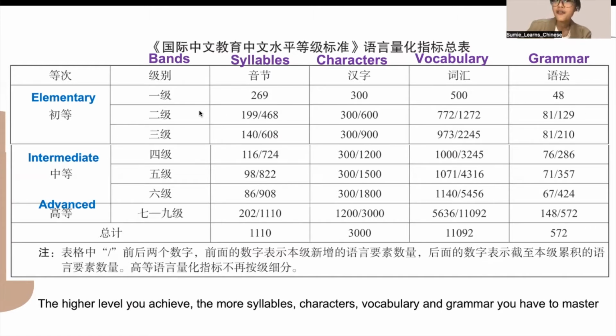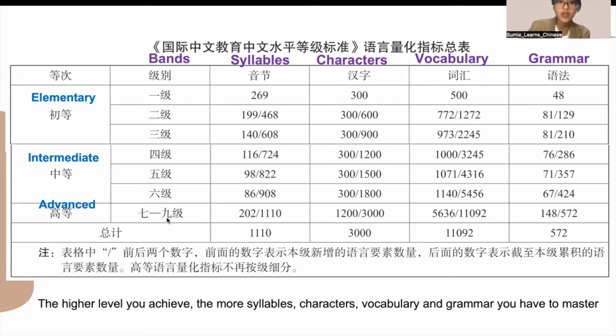But if you want to get a higher level, you have to learn 199 syllables, 300 characters, 772 vocabulary, and 81 new sentence structures and grammars. And so on.